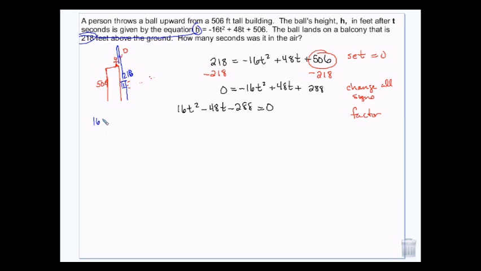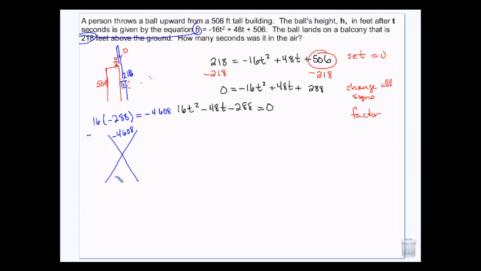But first I need to find out what is 16 times negative 288. Come on, you guys have your 288s memorized, right? It is negative 4608. All right, so I am going to look for a number that when I multiply it, I get negative 4608.